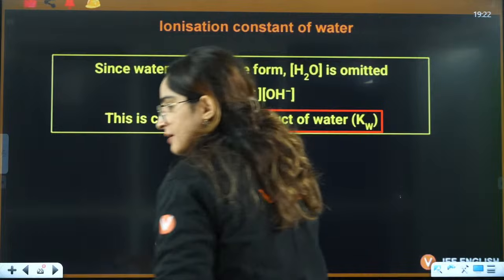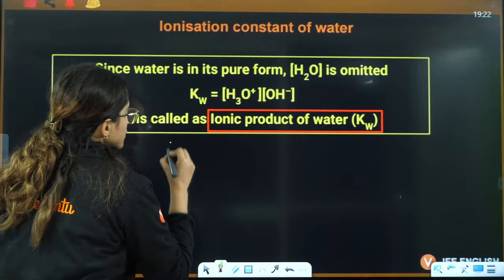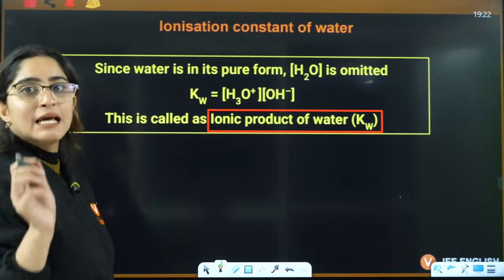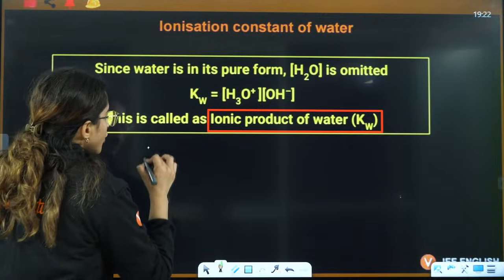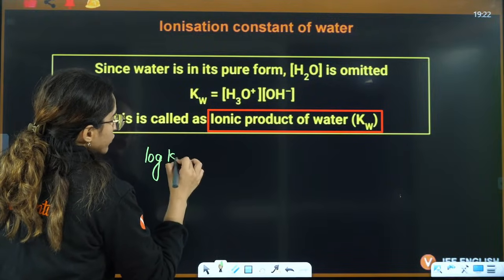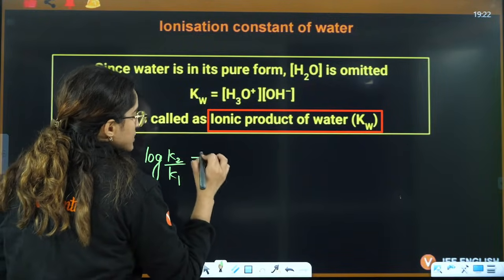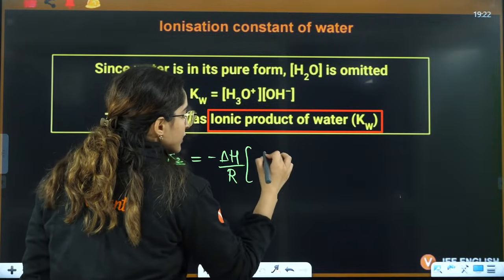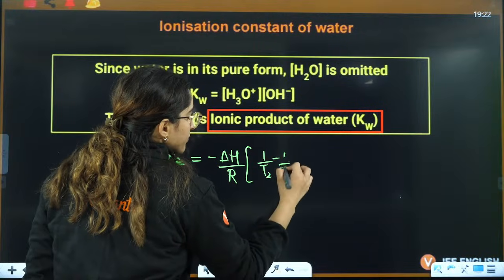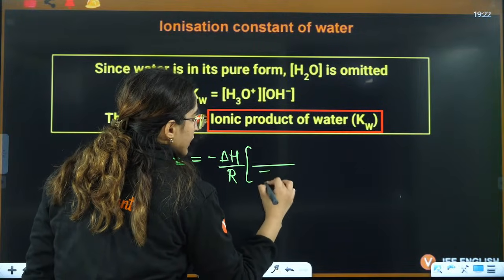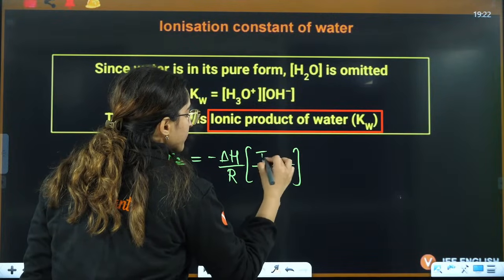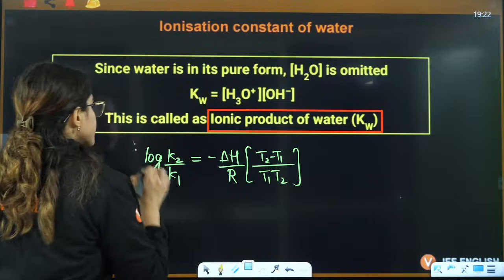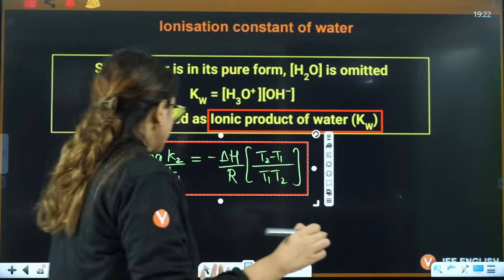Acha, see. Now see this thing. We have done this Clausius-Clapeyron equation in chemical equilibrium, that is log of K2 by K1 equals minus delta H by R into 1 by T2 minus 1 by T1, that is nothing but T2 minus T1 divided by T1 into T2. That is the Clausius-Clapeyron equation, right?